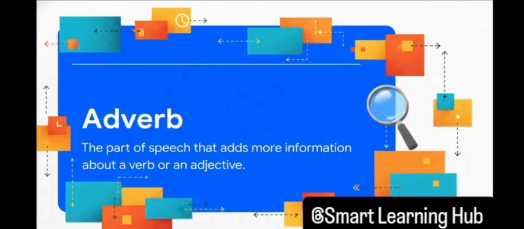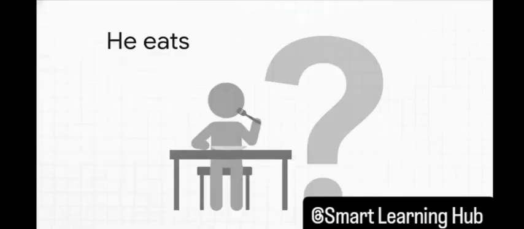All right, next up is the adverb. Now, if adjectives modify our things, adverbs modify our actions. They describe our verbs, telling us how, when, or where something is happening. They answer the question, how is it done? Let's start with a super basic sentence. He eats. We've got our noun, well, pronoun, but we'll get to that, and our verb.